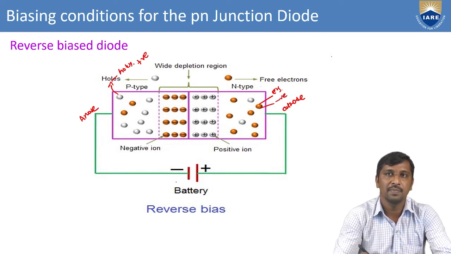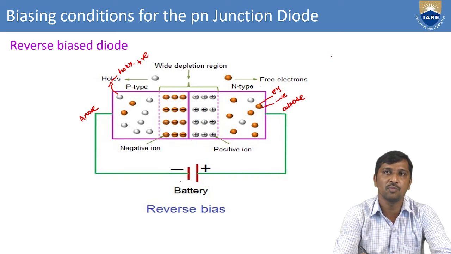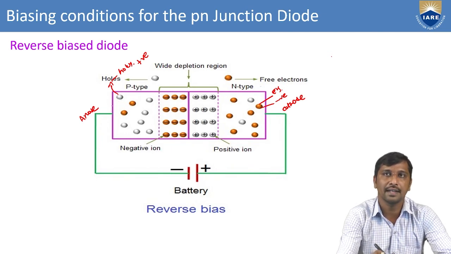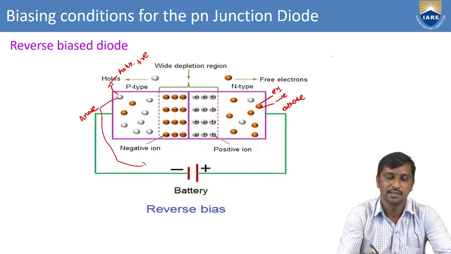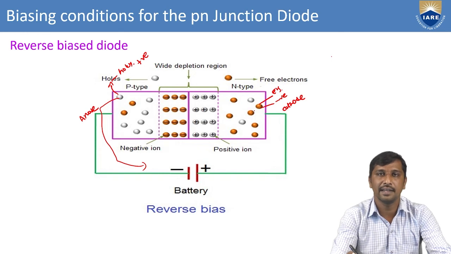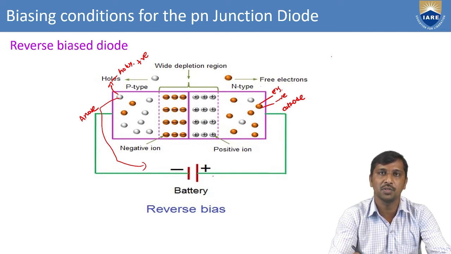Due to this applied biasing, the majority charge carriers are attracted towards the negative pole of the battery. Why? Because we are applying the opposite energy. Due to this opposite energy, these positive charge particles are attracted towards the battery. Similarly, coming to your N side, the majority charge carriers are your electrons, having negative charge, but for these negative charge particles we are applying positive energy.